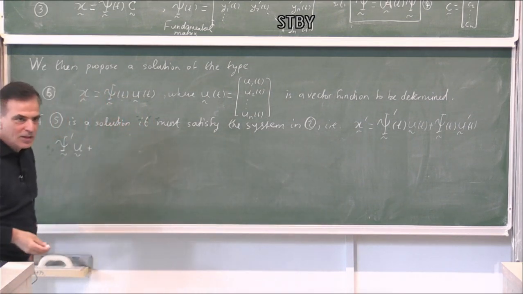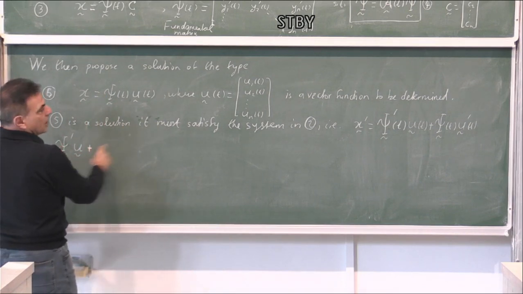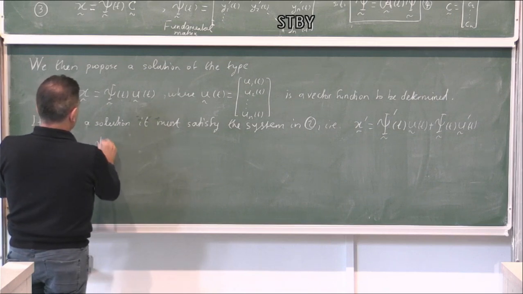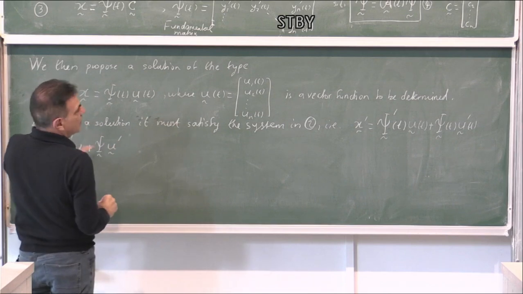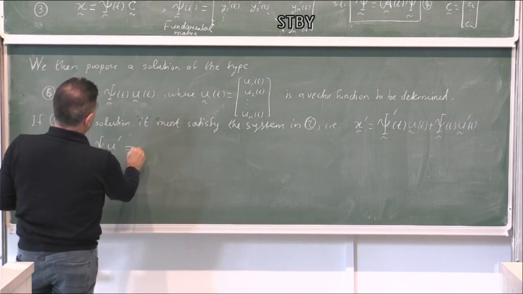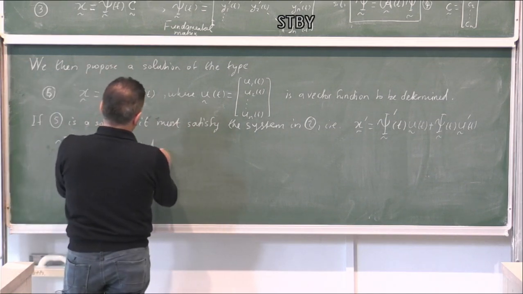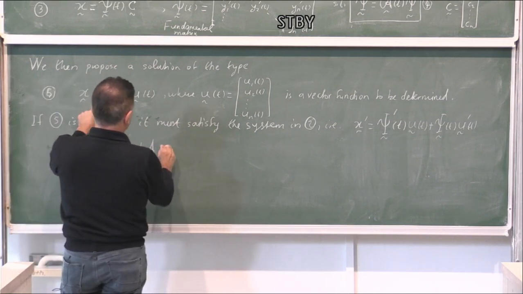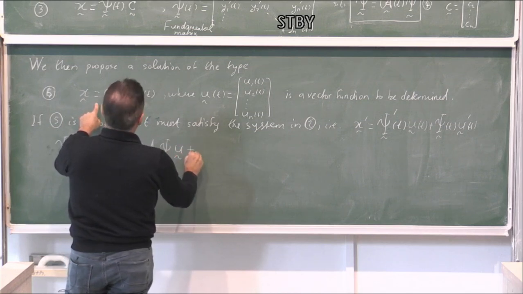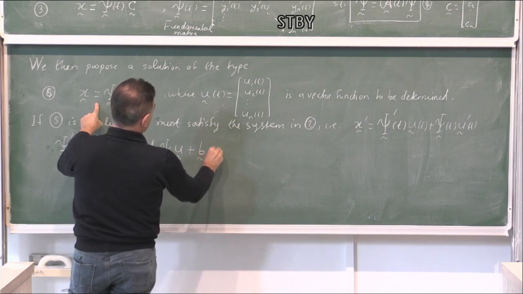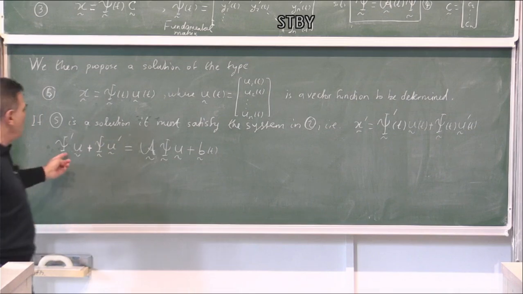This is the derivative on the left-hand side. The right-hand side is A times x, where x is psi u, plus b of t. So the equation must be satisfied.